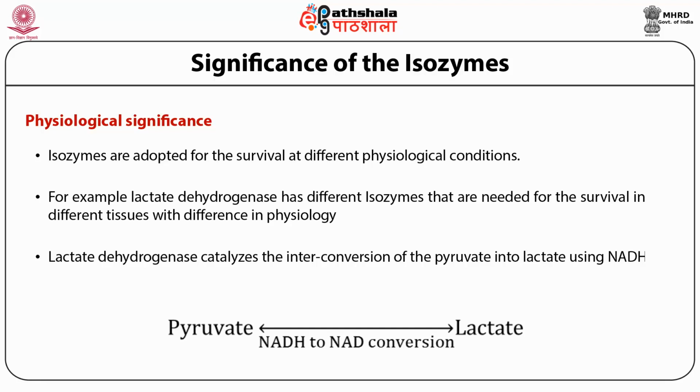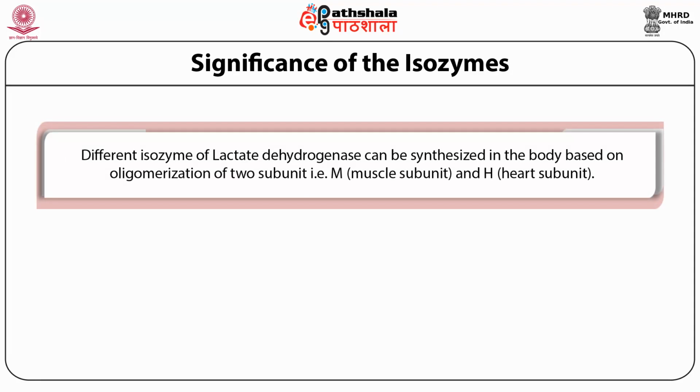So, pyruvate is converted into lactate, utilizing NADH, which is converted into NAD. Different isozymes of lactate dehydrogenase can be synthesized in the body based on the oligomerization of two subunits. The first is the M subunit, known as the muscle subunit, and the second is the H subunit, or heart subunit.